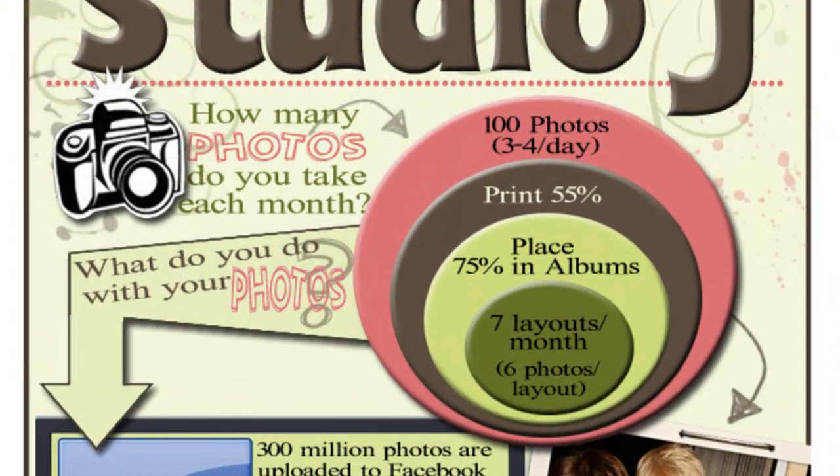So, how many photos do you take each month? If we average approximately 100 photos in a month, which is very realistic because that's only 3 to 4 a day, and with the fact that most of us are carrying around cell phones that have great cameras on them or little cameras that we can put in our pockets aside from our DSLRs and whatever you use to take photographs, 3 to 4 is really erring on the low end.